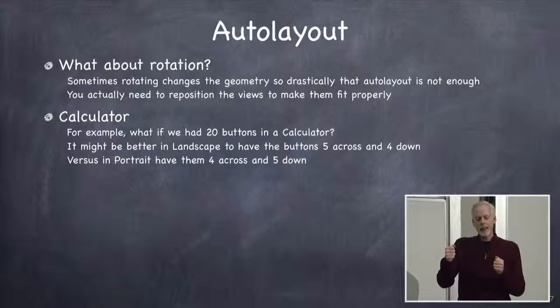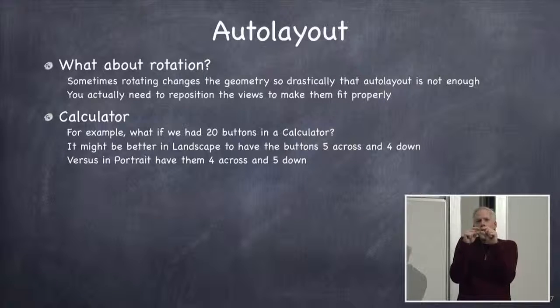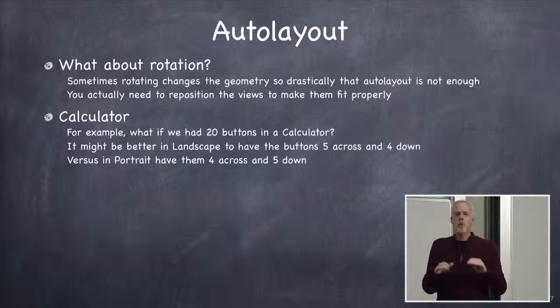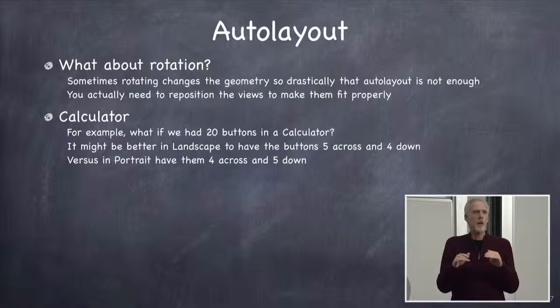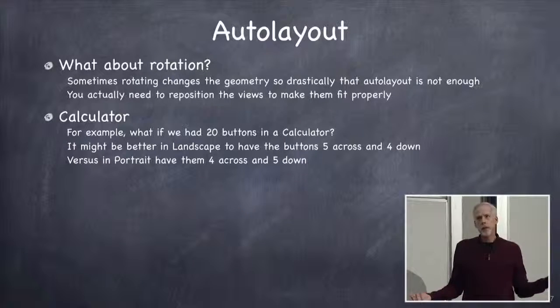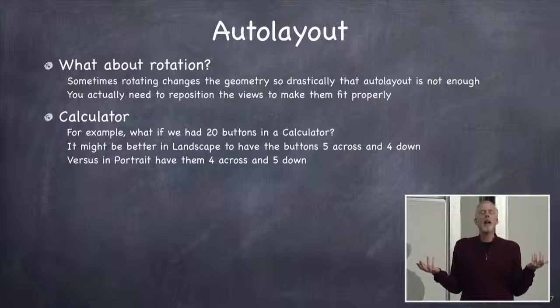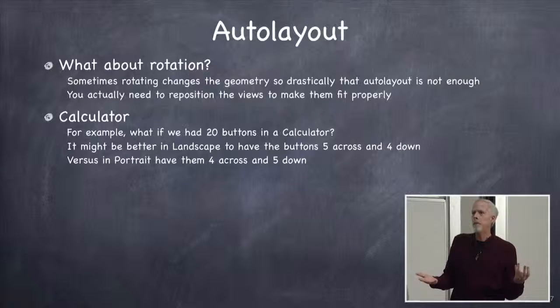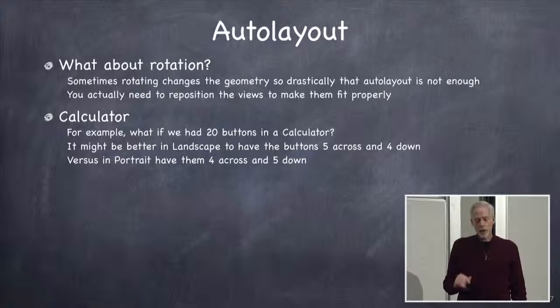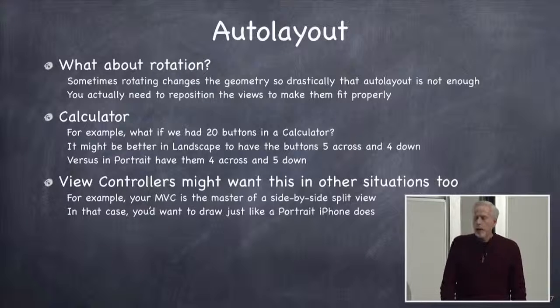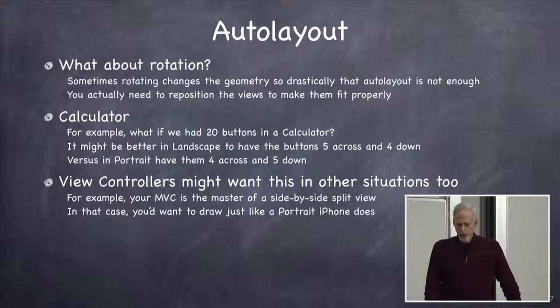But then when we switched to landscape, oh, now it's not so good, because all the buttons are squished down, they're really wide and thin. It'd be much better if when we went to landscape, we could go to 5 across and 4 down, because we have a lot less space. Now, can you imagine trying to do a control drag to make that happen? It's basically impossible. It can't be done. But it's possible to do with a very important feature, which I'm going to talk about in a moment here.